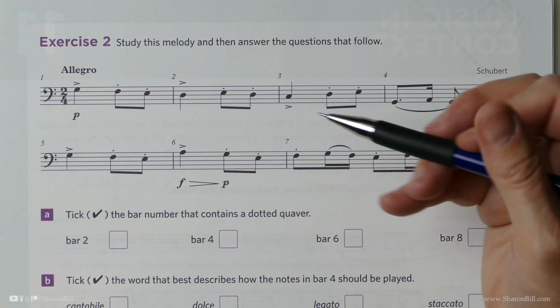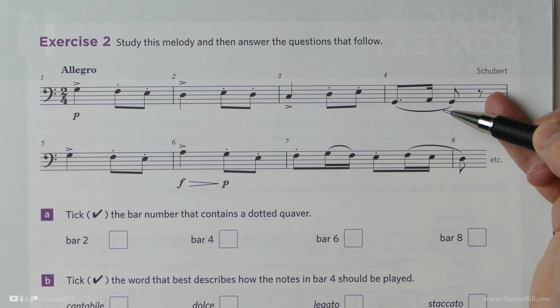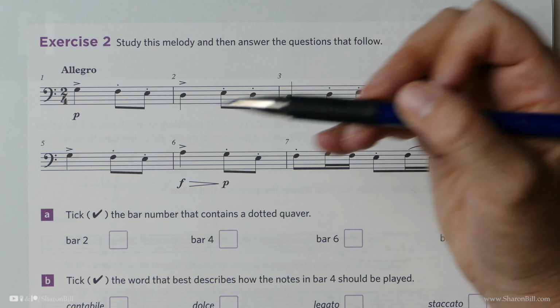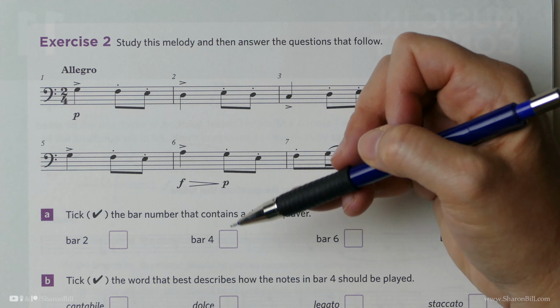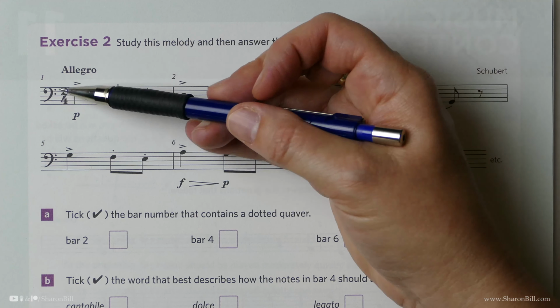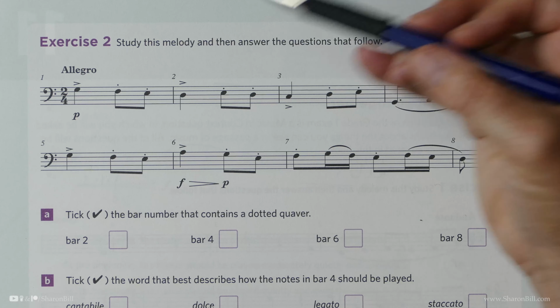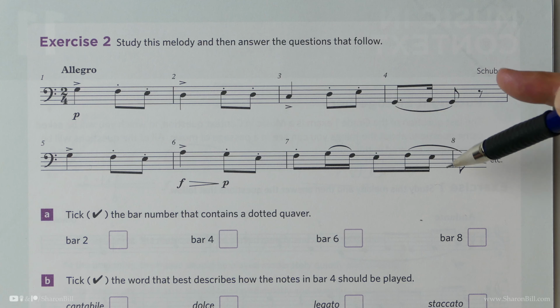So we have this little extract of music by Schubert, and let's see what's going on. Let's just have a little look at it first before we get entrenched in looking at the questions. We're in the bass clef now, so just watch out you're in the correct clef. We have no key signature and actually no accidentals at all.